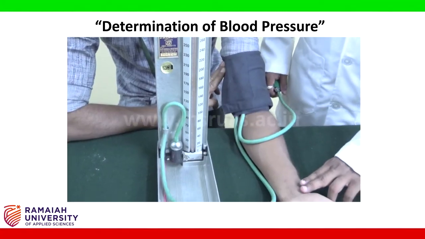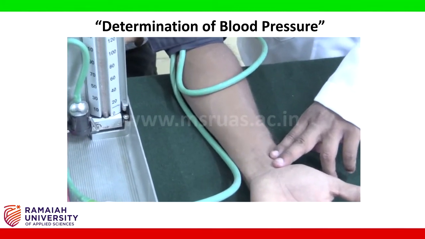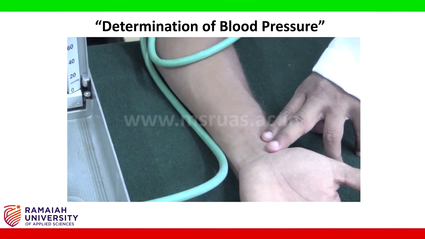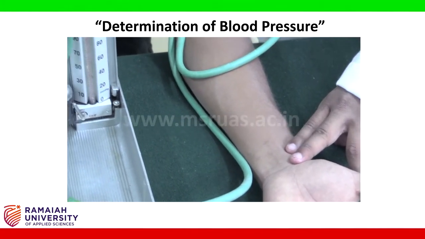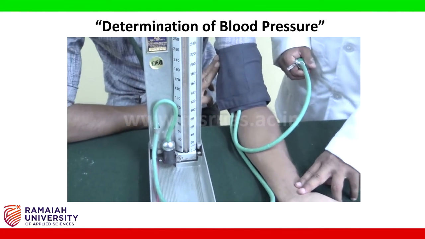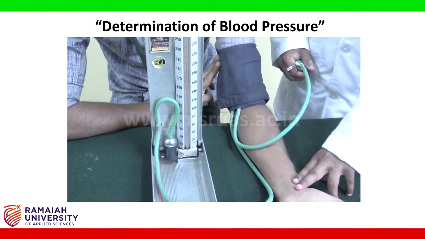Palpate the radial pulse with the index and middle finger near the base of the thumb on the anterior surface of the wrist. While palpating the radial pulse, rapidly inflate the cuff until the blood pressure manometer reads 200 mmHg of the pressure.